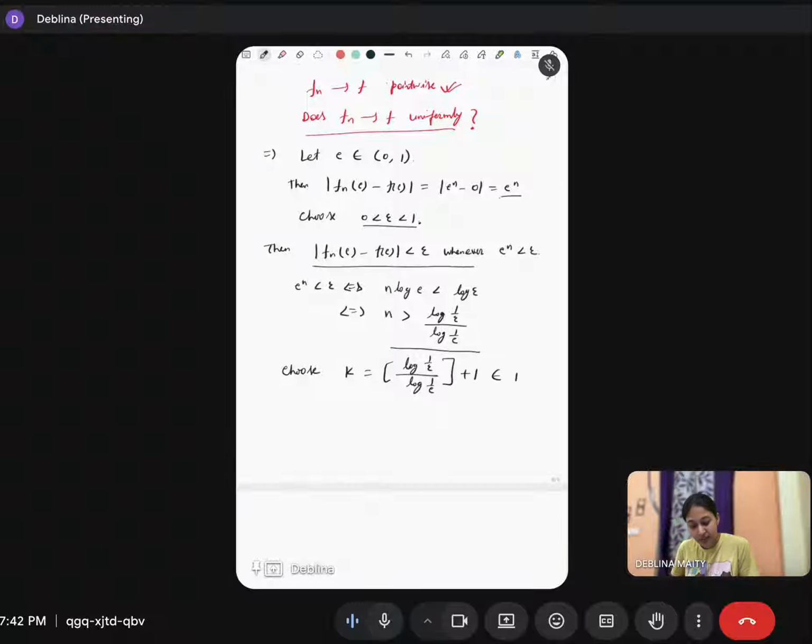Then k is a natural number and k is bigger than this number.